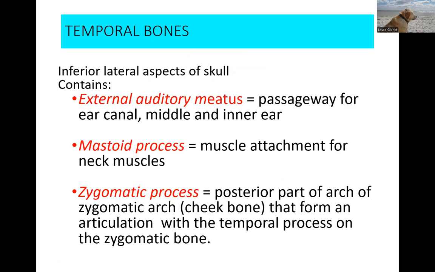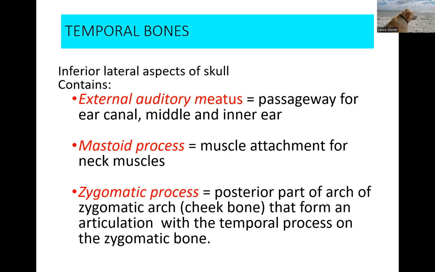Right, the temporal bones. They are to each lateral aspect of the skull. There are three features to identify. The external auditory meatus is a passageway for the ear canal, middle and inner ear.